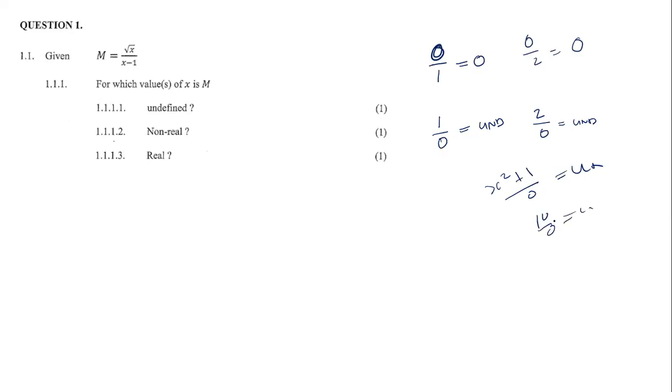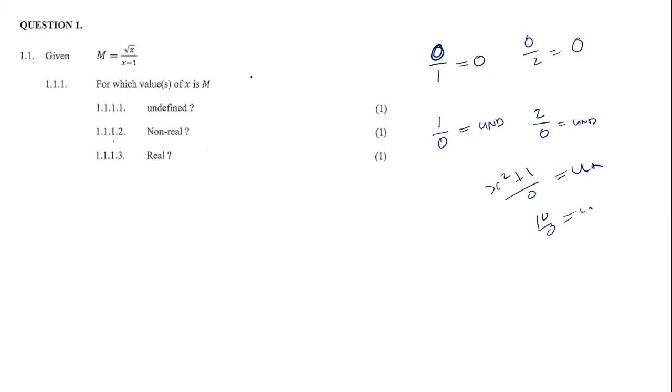Anything divided by 0 will be undefined. So we want to determine the value or values of x that will make this equation undefined. So that means if we substitute the value of x and we get 0 under this fraction, therefore this equation will be undefined.